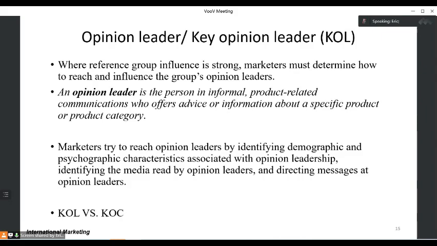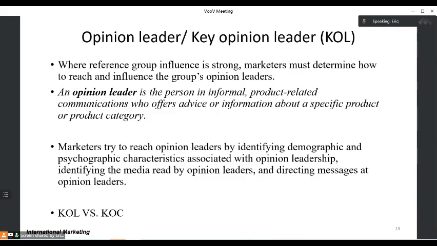We call them the opinion leader. In the group there are many people, but there is one guy or some guys who have some unofficial power.